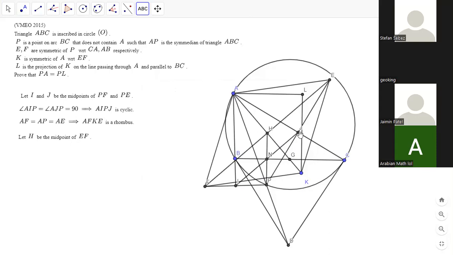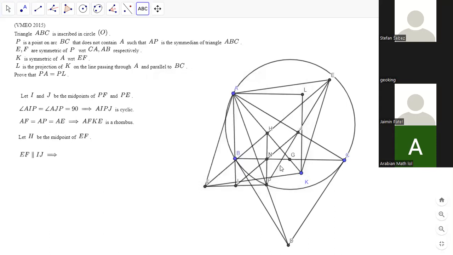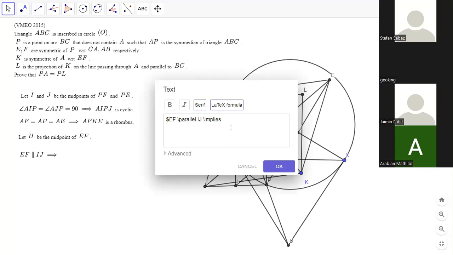From there, I think we can use angle chasing. So we have EF is parallel to IJ, which means that AH is perpendicular to IJ.